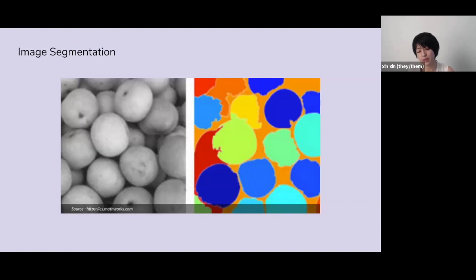The first step is called image segmentation. And this is the process of recognizing the edges of a shape. So if a computer camera is able to scan every single pixel and figure out where the edges are, it then can essentially figure out where the boundaries of objects are.